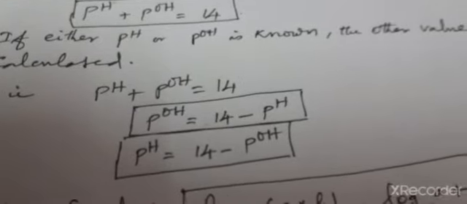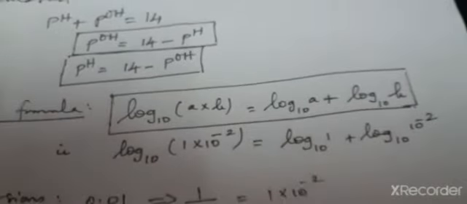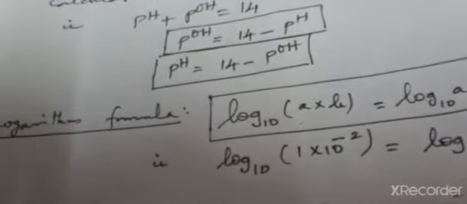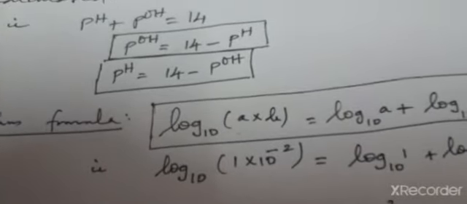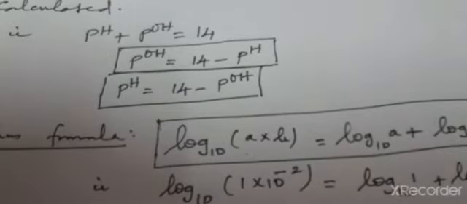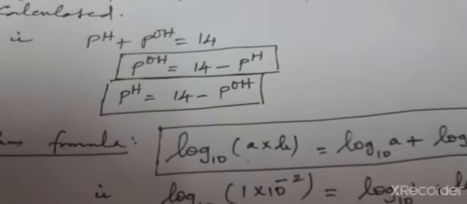It's a simple formula. Then according to the logarithmic formula, log 10 A into B, the numbers are in multiplication.